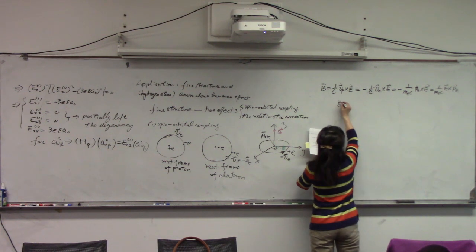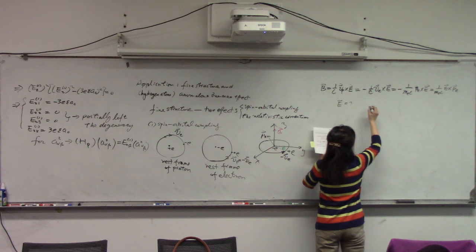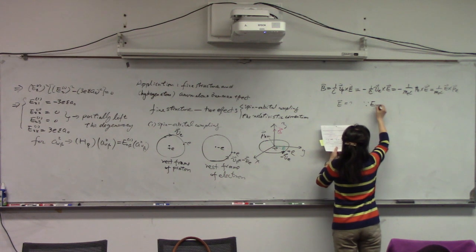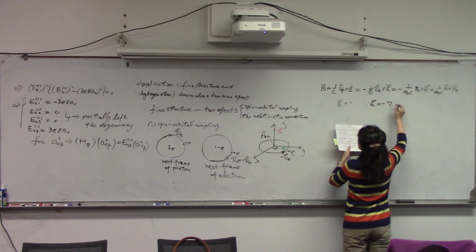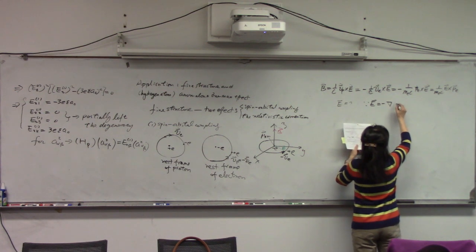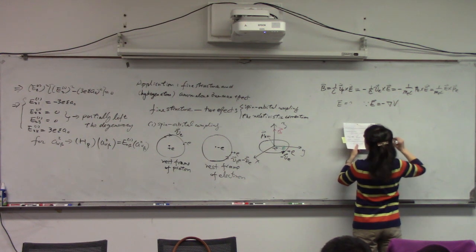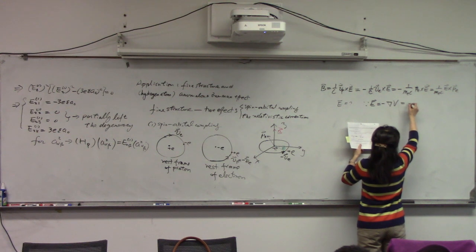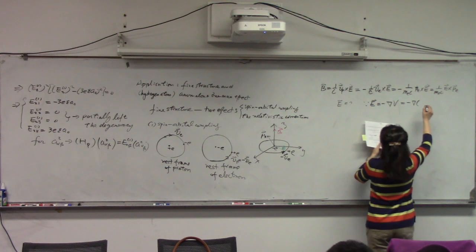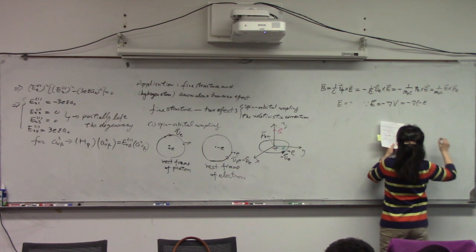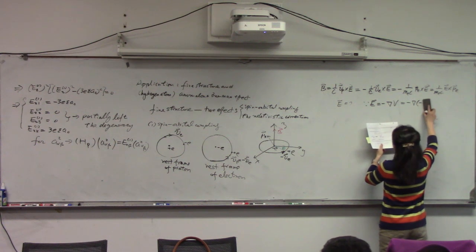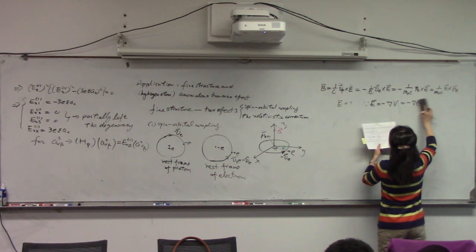So here, how to obtain the E? Because we know E is the negative gradient of potential, right? So now I use potential V, and then potential V is the gradient of minus e over, sorry, this is potential energy.